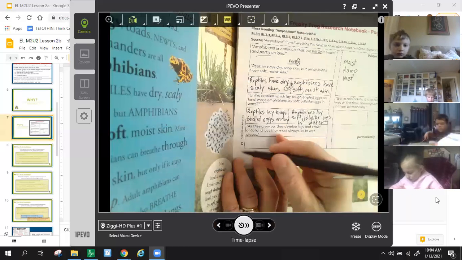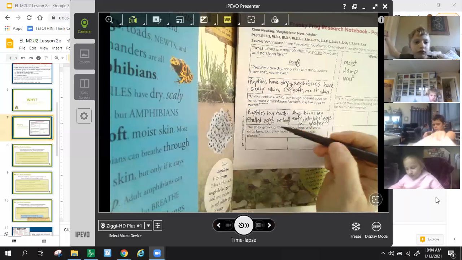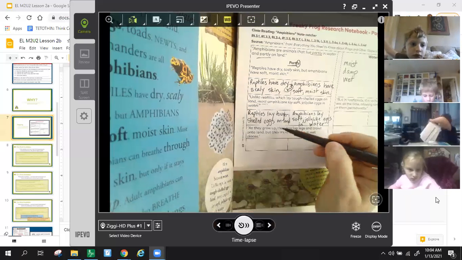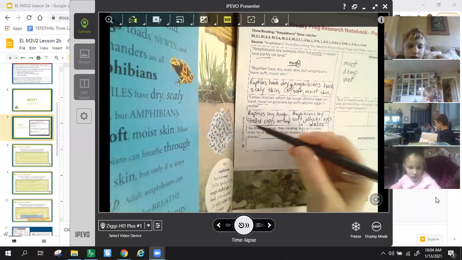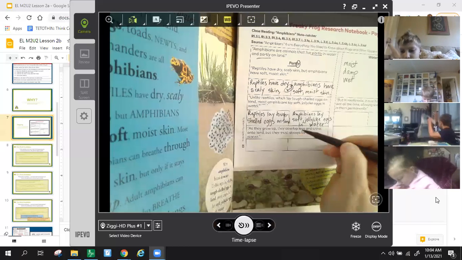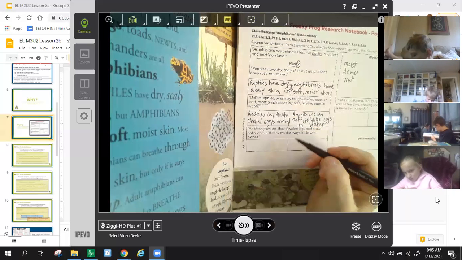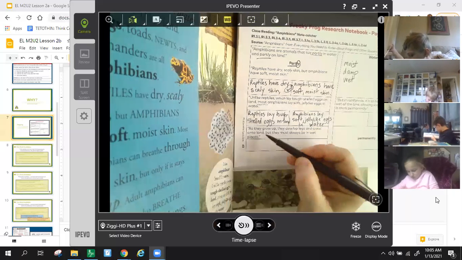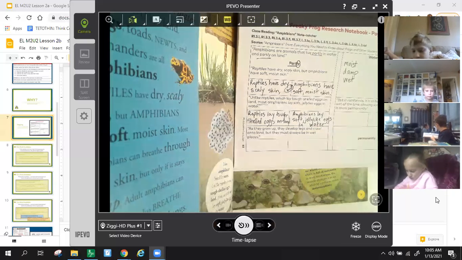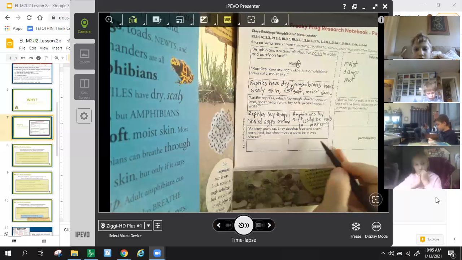So we have another situation where two sentences have been put together to help us better understand, but we can separate them into two sections.